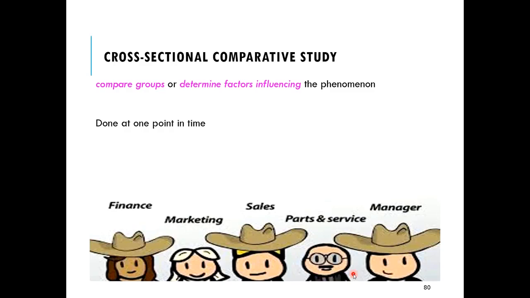I will conduct a survey, and then I want to see which component, the finance, marketing, sales, or managerial component, has had a much greater effect of this pandemic on their income. Then I will compare these groups. This will be known as a cross-sectional comparative study.